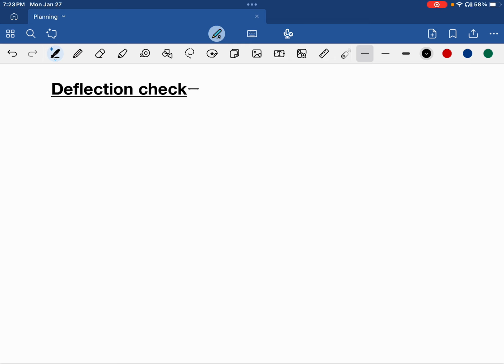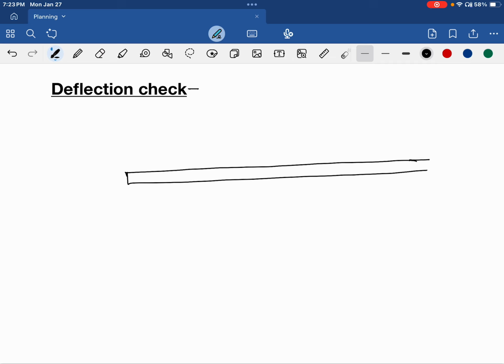So this was our slab. If you load it, the deflections will be coming max at center, like this.